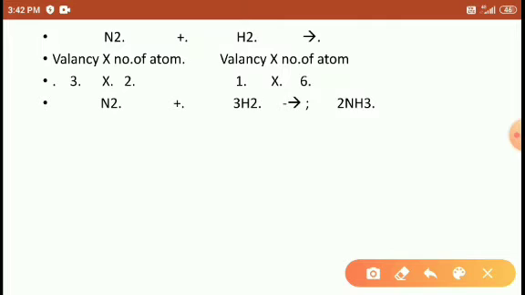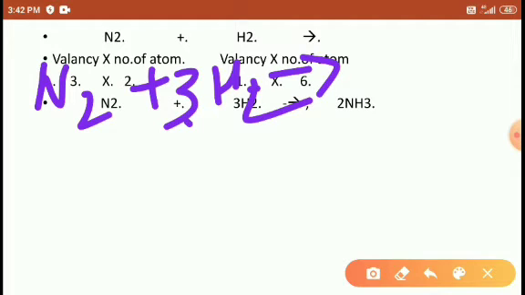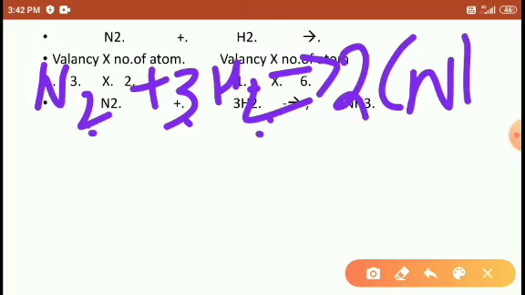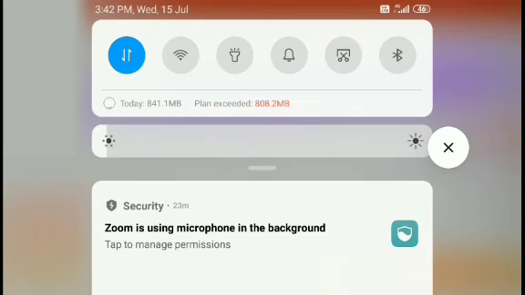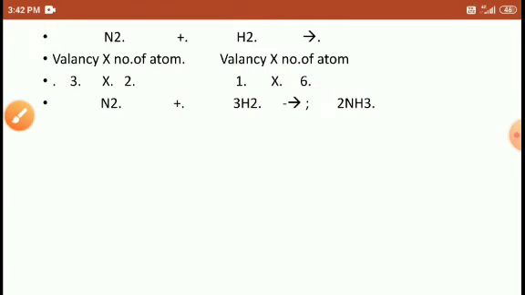So what we have to do here, 1 nitrogen reacts with 3 hydrogen. It means 2 nitrogen react with 6 hydrogen. So we have to make it 6, since 3 2s are 6. Then, students, this 2 is taken as a common, and you have to write 2NH3. Right, students?